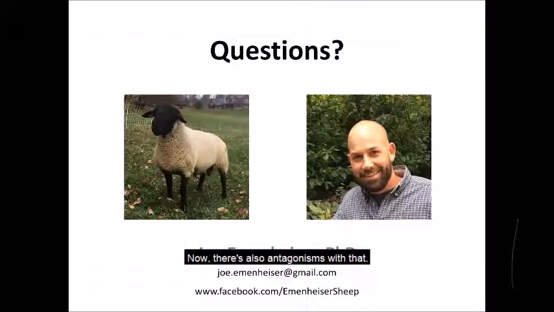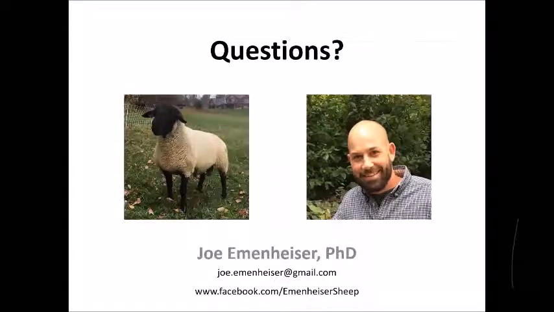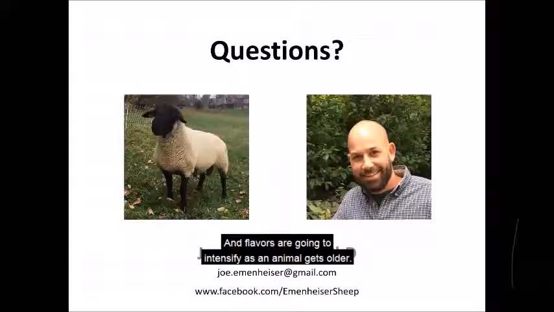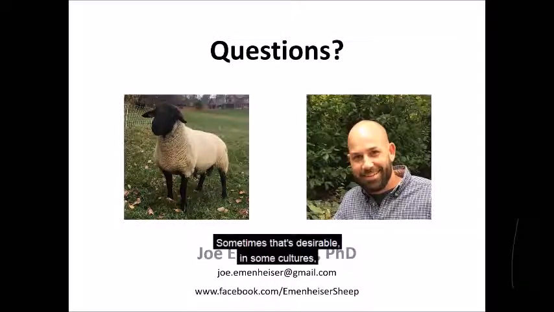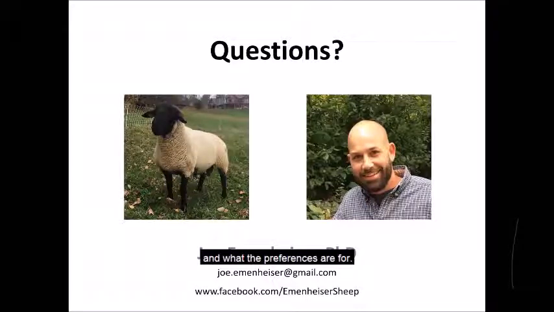Now, there's also antagonisms with that. And flavors are going to intensify as an animal gets older. Sometimes that's desirable in some cultures, other times it's not. And so we need to know who we're marketing to and what the preferences are for.